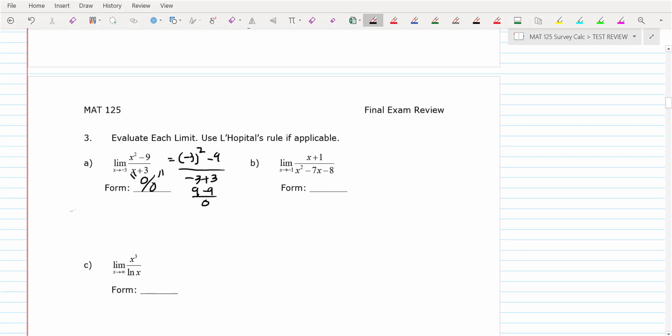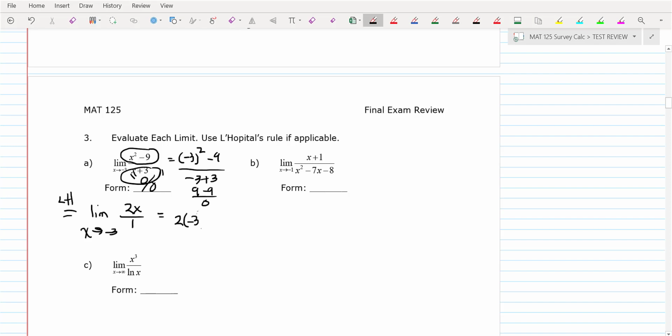So what do you do on L'Hopital's rule anyway? You do the derivative of the top, derivative of the bottom, and then you try again. Okay, this one's pretty easy. Derivative of the top is 2x. So you'd have the limit as x goes to negative 3 of 2x. Derivative of the bottom is 1. Now you try again, and it'll work. So now you just plug in the negative 3.